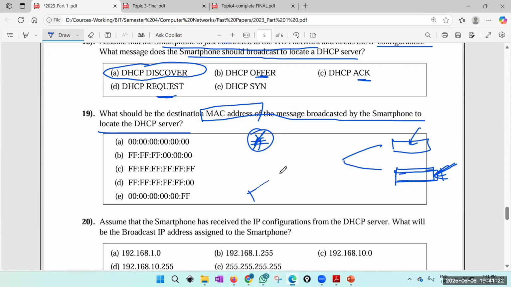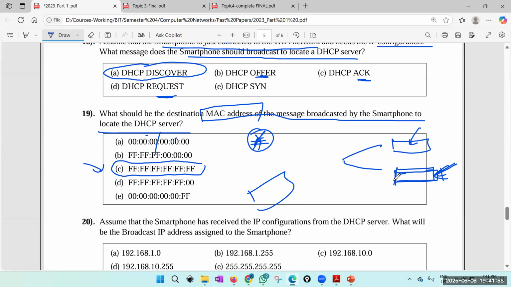So when there's a data frame with the largest MAC address, remember the smallest MAC address is all zeros. This is the vendor part, this is the sequence number. And it's a hexadecimal number, so what is the biggest you can go? FF:FF:FF:FF:FF:FF. That biggest number is considered as broadcast in any network. There's nothing called subnetting. So just make a note of that.